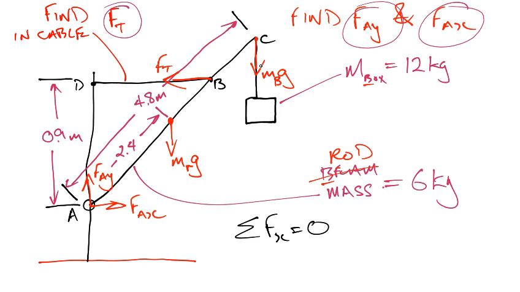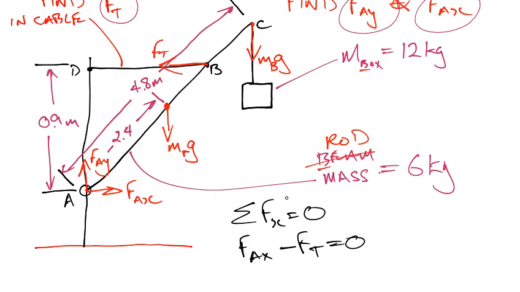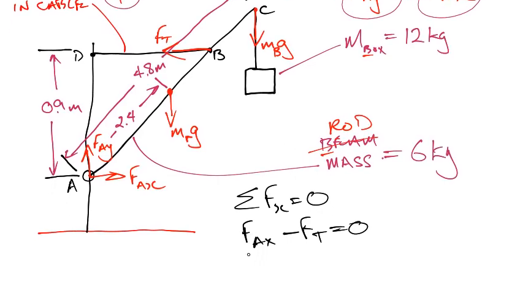And the only 2 that are horizontal are FAX and FT. That means that FAX minus FT must equal 0. Okay? So obviously we know, therefore, that FAX has got to equal FT.